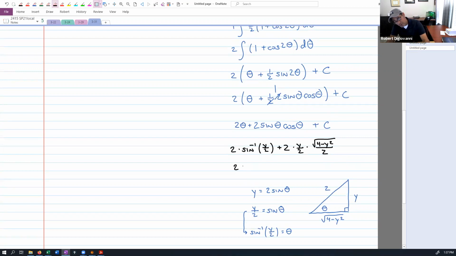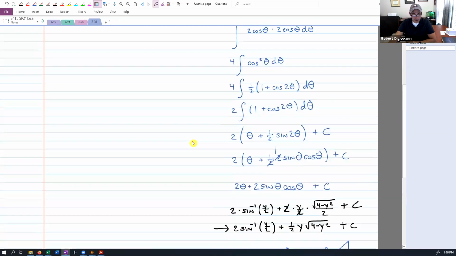That is 2 arc sine of y over 2, plus a half y square root of 4 minus y squared, plus c. So there it is. There's my indefinite integral.